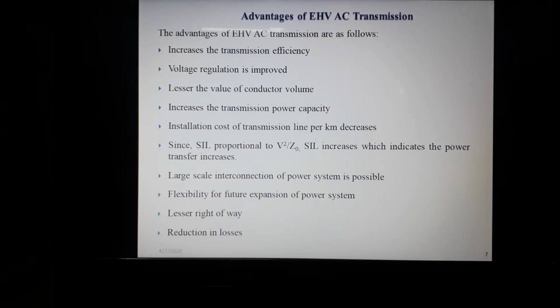Lesser conductor volume, due to the lesser diameter required for the lesser current flowing through the conductor. Increased power transmission capacity, as it is proportional to the square of the transmission voltage. Installation cost of transmission line per kilometer decreases.